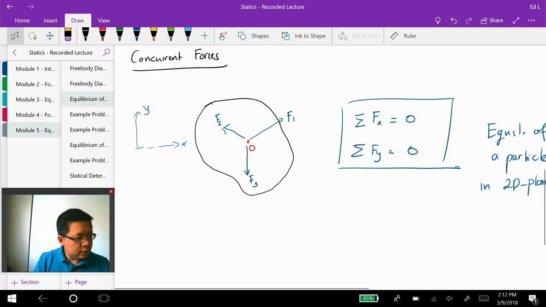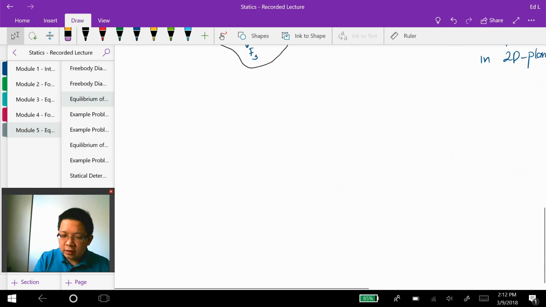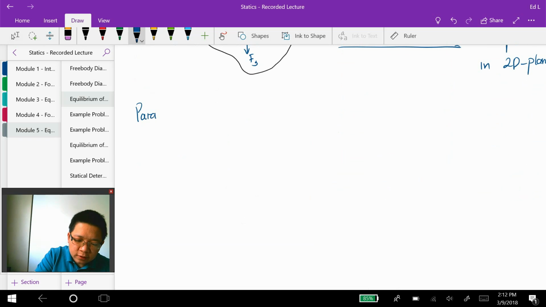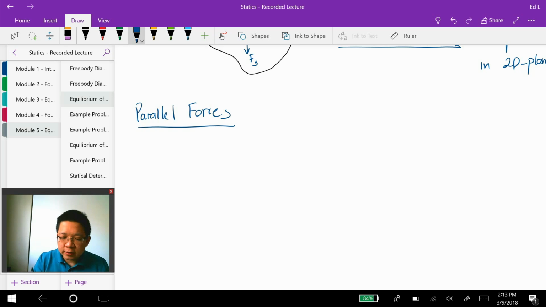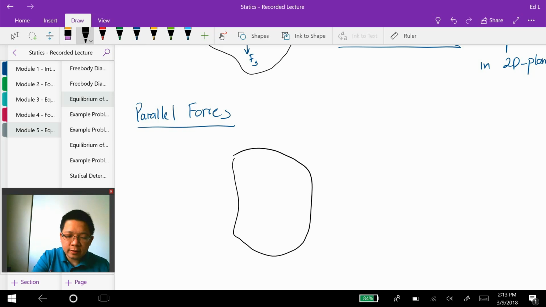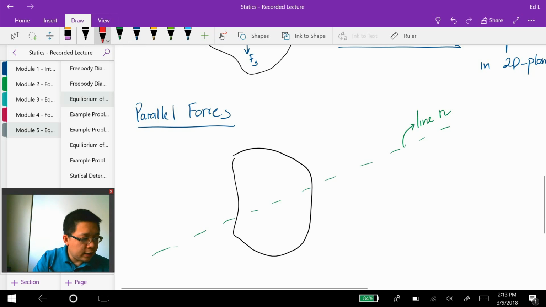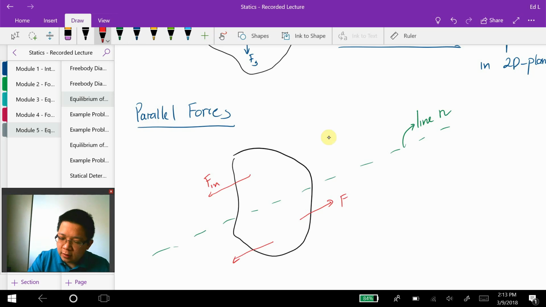The last one is the case where all of the forces acting on the body or structure are parallel to each other. For example, this is my structure, and let's say this is the line N. On this body, all of its forces are parallel to N. Let's say these are F1N, F2N, and F3N.